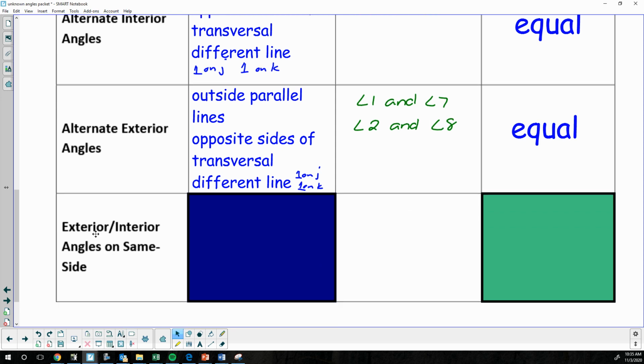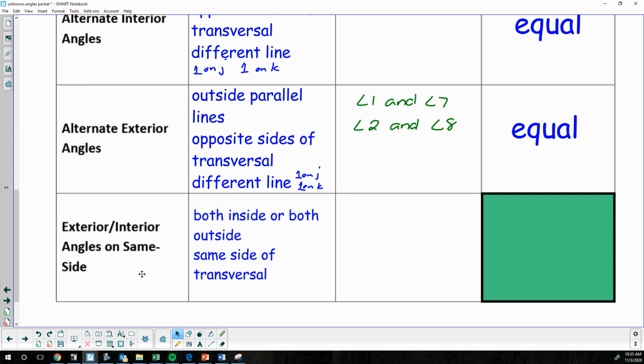The next one, I put them together. It's interior or exterior angles on the same side. So there, again, we have a pair of angles. Both angles are inside the parallel lines, or both outside. And let's add that in. I don't think I can type it, so I'm going to have to write it, guys.